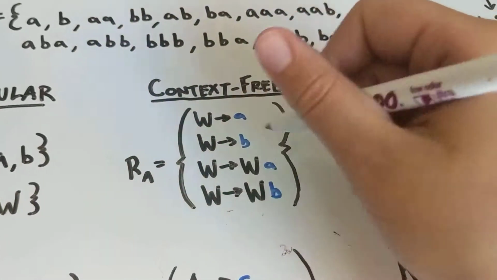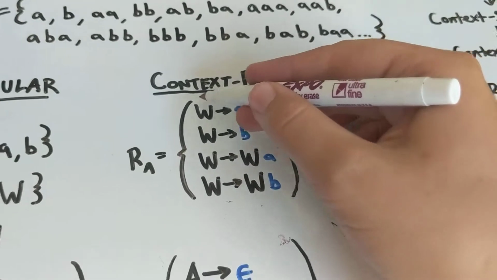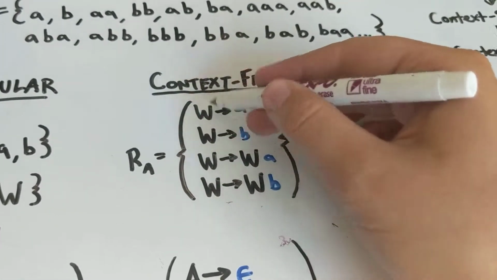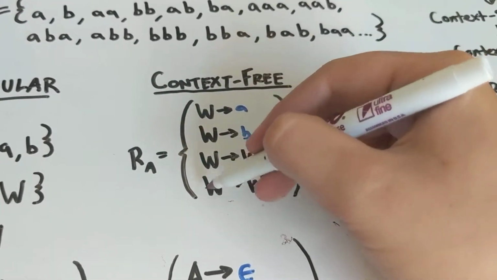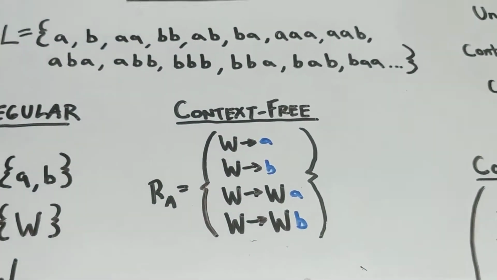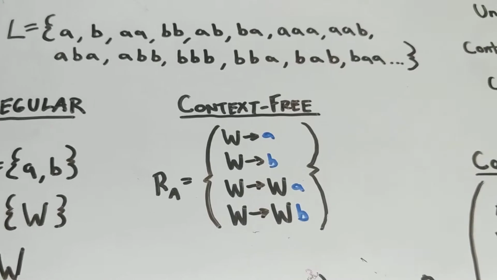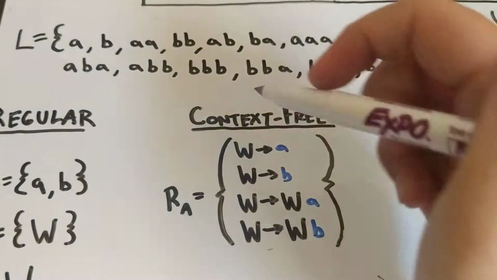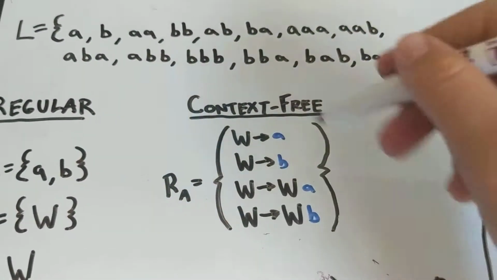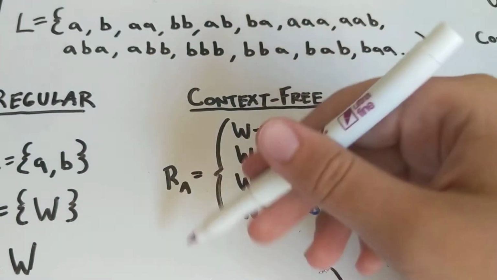It does fit our definition of a context-free language because we have only one non-terminal on the left side of each of these rules, right? So that's one way we can do it. We can redefine our rules just so that they look different, but they no longer suit the definition of a regular grammar.